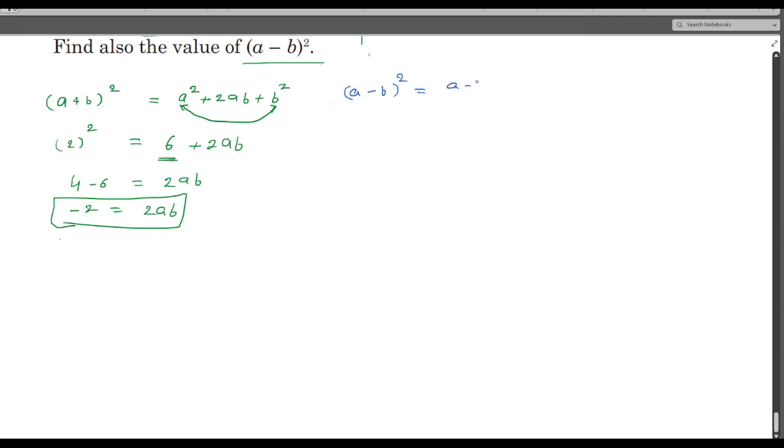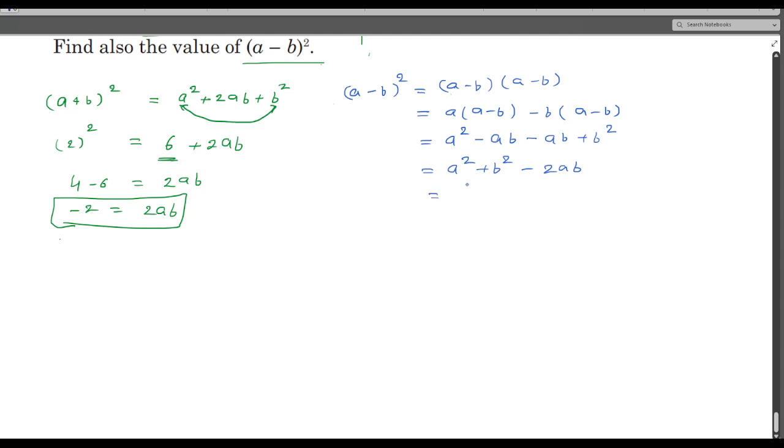So it is a minus b times a minus b, a multiplied by a minus b, and minus b multiplied by a minus b. Now again I am using the detailed version of multiplication. So a times a is what? A square, minus ab, this is minus ab, and this is plus b square. So here it is a square plus b square minus 2 times ab.